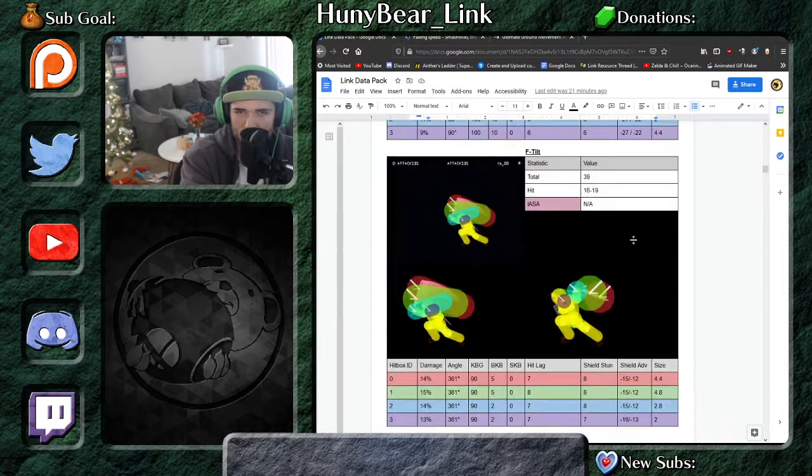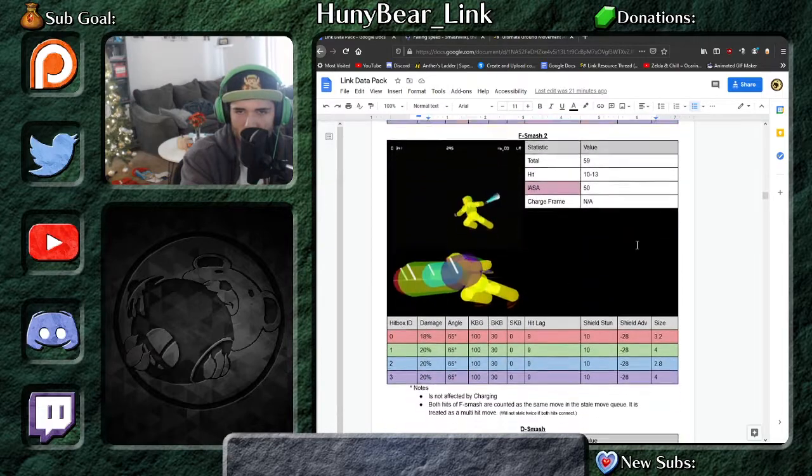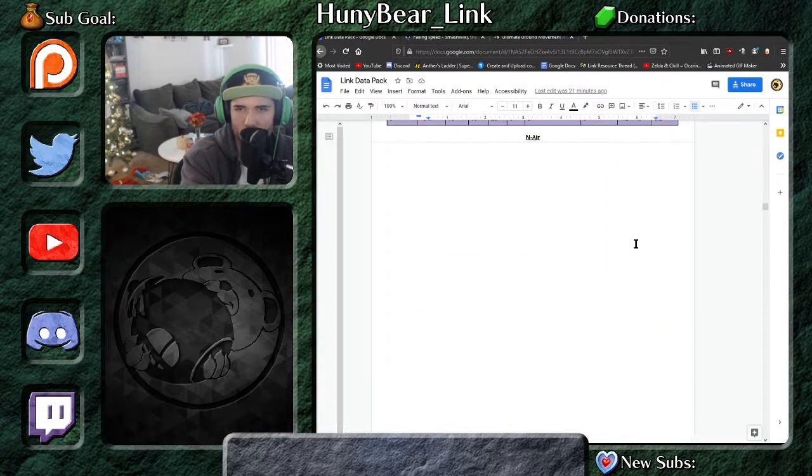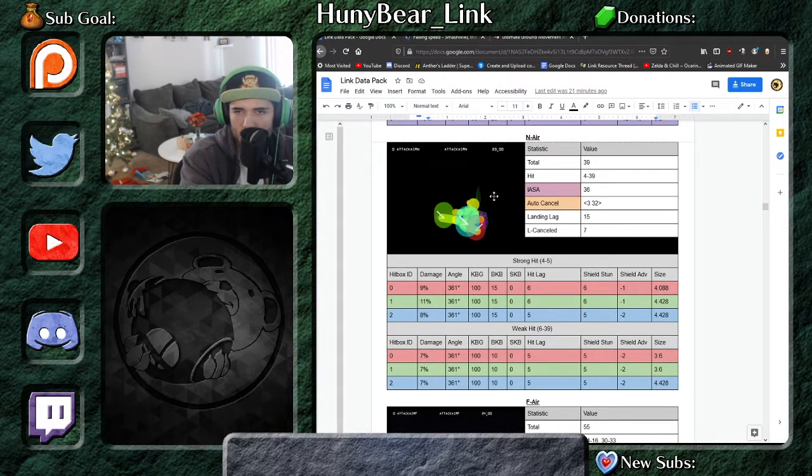So what that essentially means, if I scroll down to an aerial attack, we're going to use Nair as our example. You're going to see auto cancel, and it's going to auto cancel sooner than frame 3 and after frame 32. So that means there are certain frame windows prior to the animation ending where you don't have to go into your aerial landing lag.